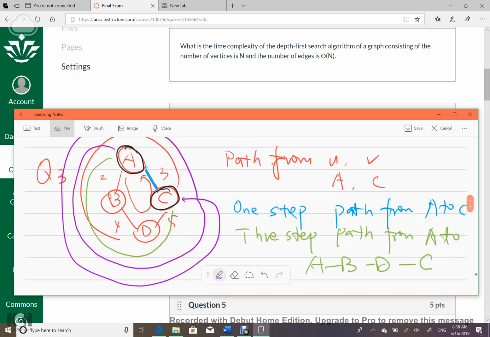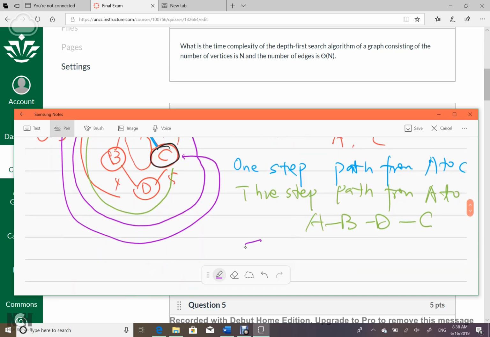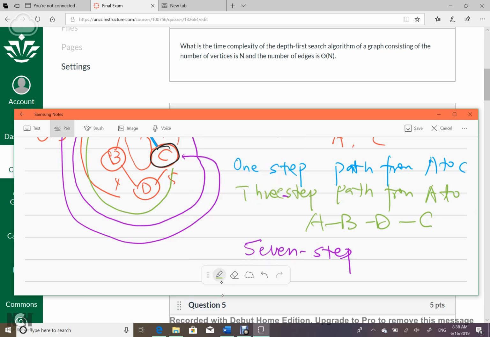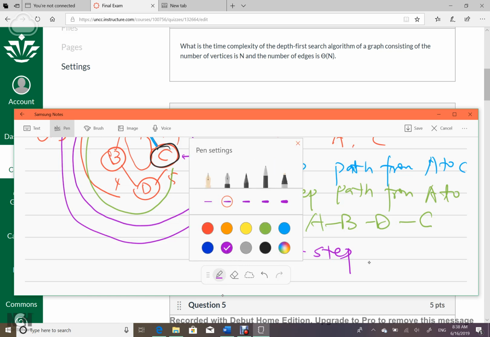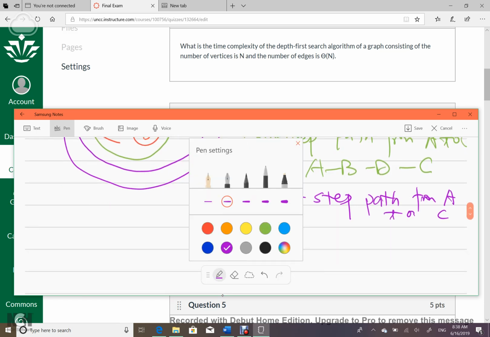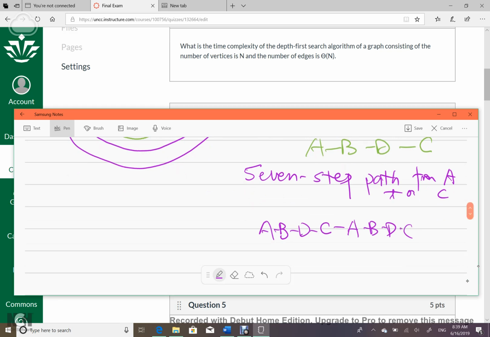This corresponds to how many steps? This corresponds to a 7-step path from A to C. So what we have is A, B, D, C, A, B, D, C. So this is what we have, right?